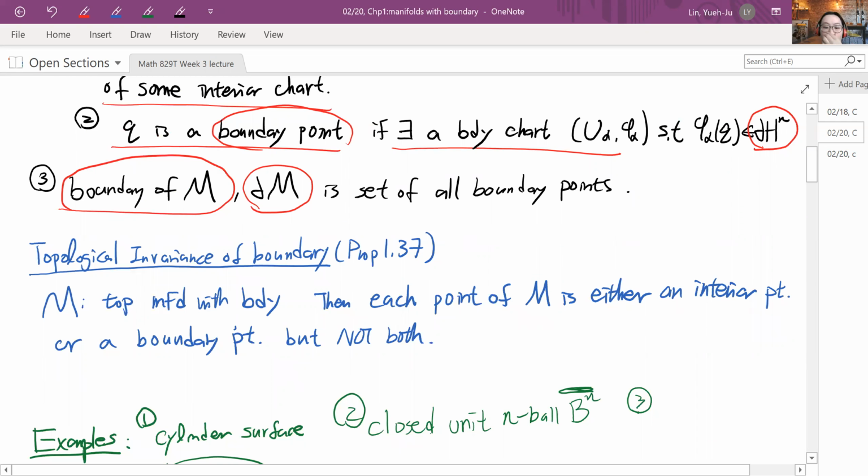Back then, what does it mean to have a smooth map from a regular surface to R, for example? You use the coordinate chart on this regular surface, then you compose with phi inverse. If you can say that that map is smooth, then the original map is smooth. It's exactly the same treatment. The only difference is now we replace regular surface by any smooth manifold we want.